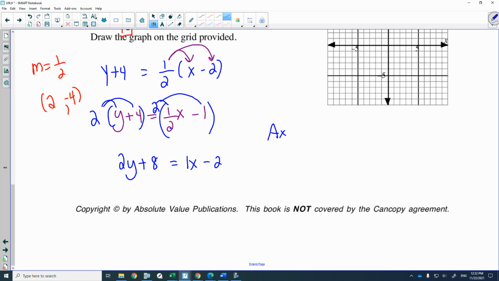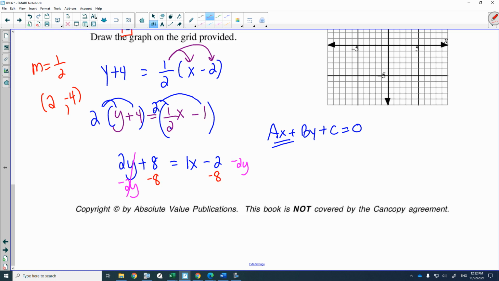And then remember general, the x must be positive. So is everything going to the left or to the right? To the right. You're going to subtract 2y from both sides. You're going to get rid of that 8 by subtracting 8.